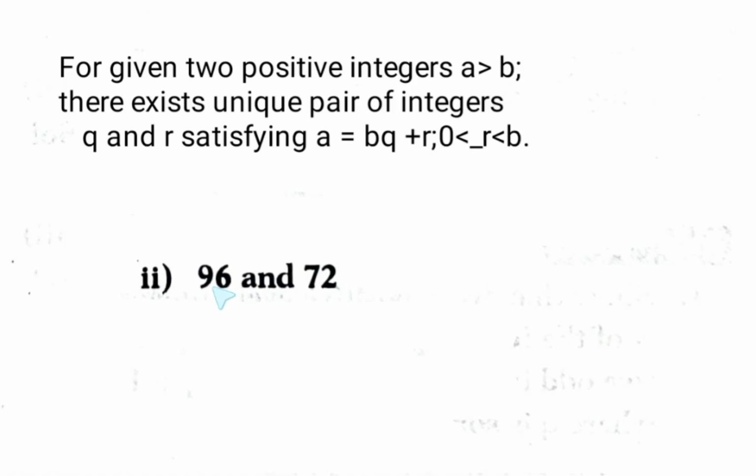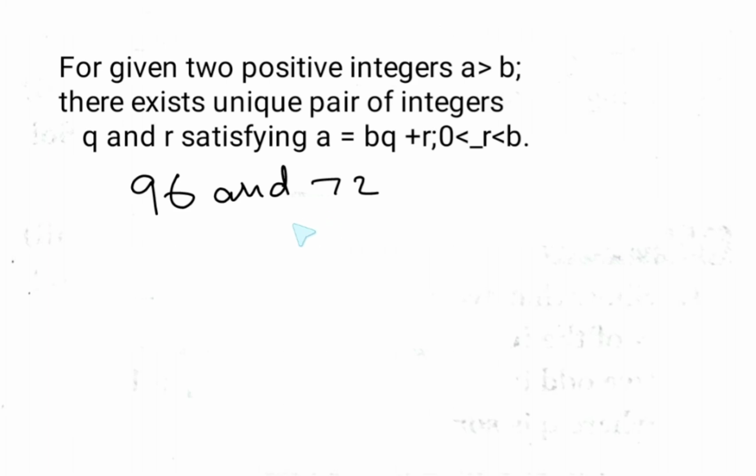And find the HCF of 96 and 72. 96 is A, 72 is B. 96 is greater than 72. So A equal to BQ plus R: 96 is equal to 72 into 1 plus 24.